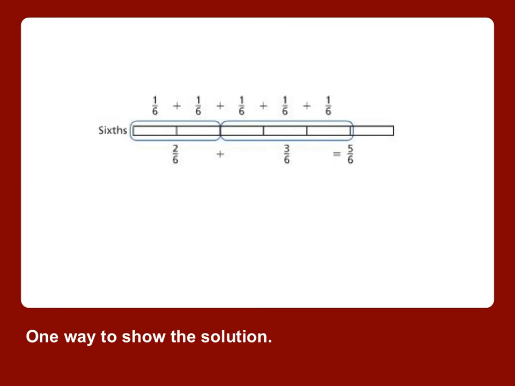Since the parts that he built are sixths, the first day was 2/6, we can circle 2/6. The next day was 3/6, so we can circle 3/6. To find the total amount, we can combine those and add all of the number of sixths for a total of 5/6.